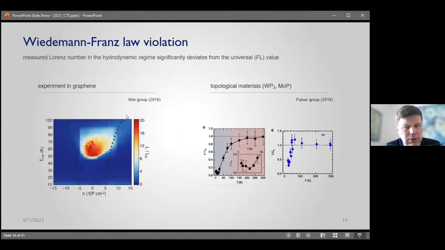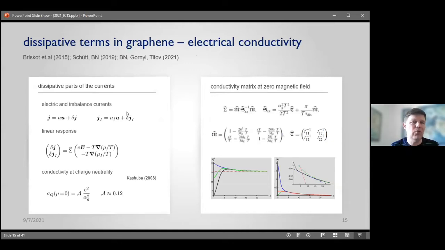These conclusions so far, one could make them already at the level of ideal hydrodynamics. However, of course, real hydrodynamics is not only ideal, right? You have to take into account dissipation.